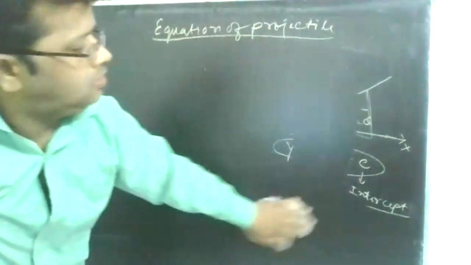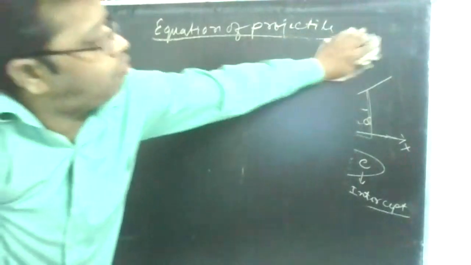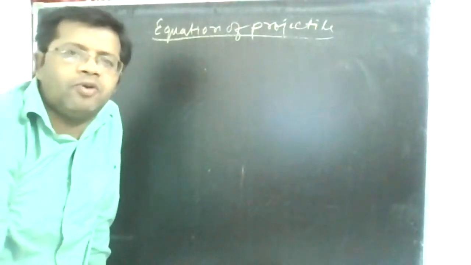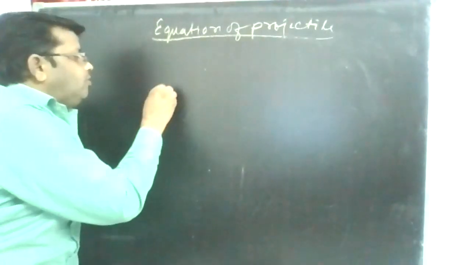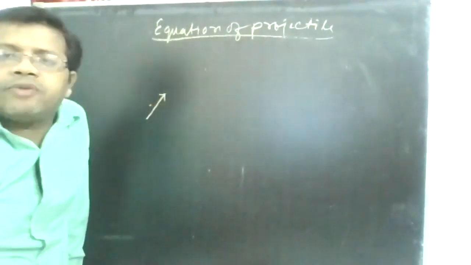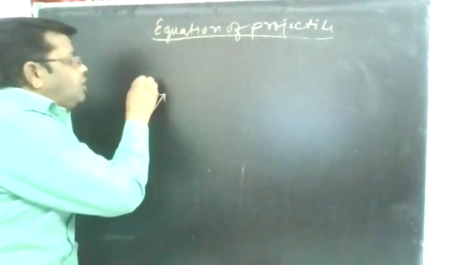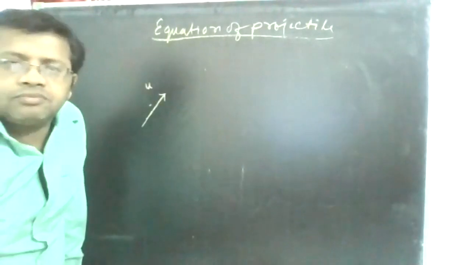So beta, just as the equation of a straight line is y is equal to mx plus c, similarly there are equations for all the different types of graph, or for parabolic motion, that is projectile motion, or for any parabolic path. See here, beta, now we are going to derive the formula for the equation of projectile. Let a body be projected at an initial angle theta.